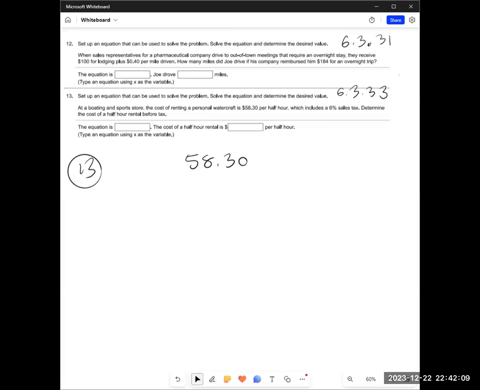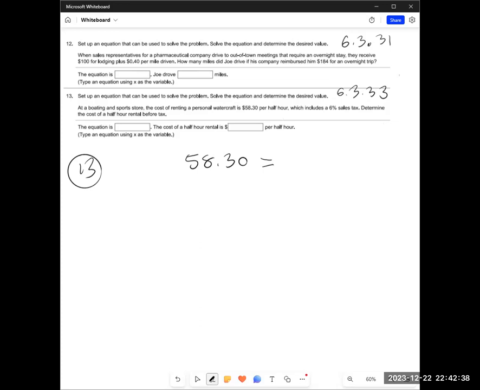So let's go ahead and say that this is equal to, and it doesn't matter how many hours or whatever, it's always going to be 6%. So we'll figure out the 6% sales tax at the end.